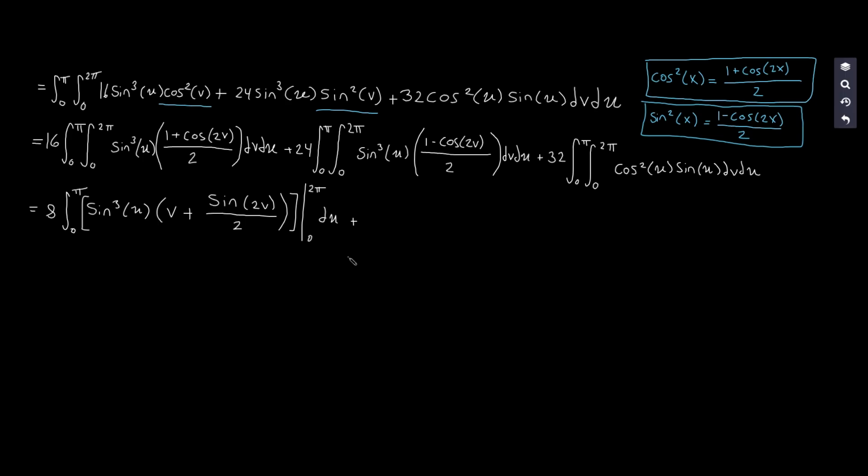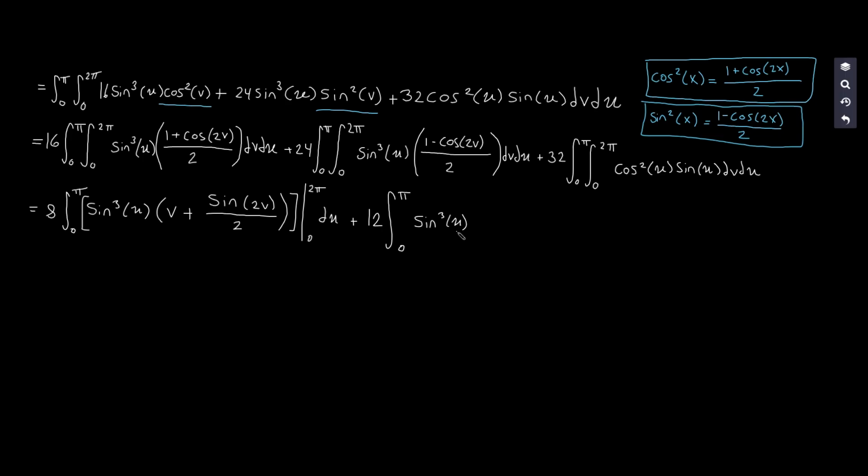Plus, let's see here. We're doing dv first, so the sine cubed of u gets factored out. For the 24, I'm going to factor out this 2. It's going to interact with the 24, so we're going to have 12 times the integral from 0 to pi times sine cubed of u, because this one is also a constant multiple, times 1 minus cosine of 2v over 2.